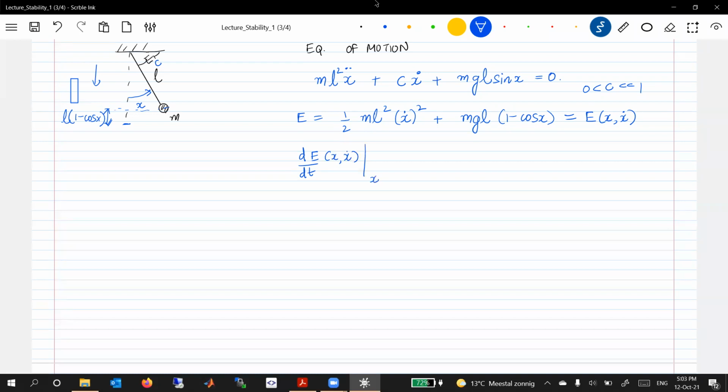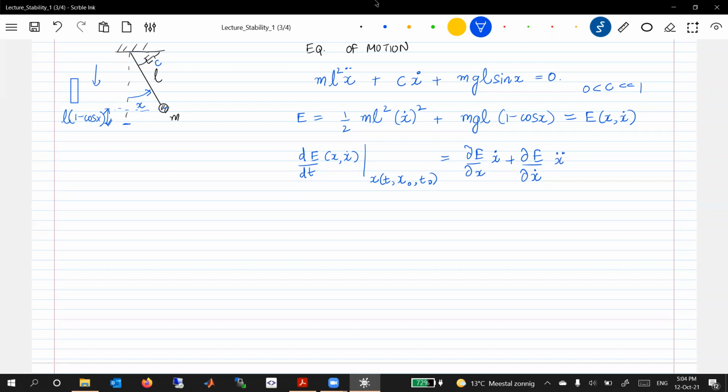along the trajectories x of t, starting from any initial condition, then by chain rule, we would differentiate this expression and we would get the partial of E with respect to x times x dot plus partial of E with respect to x dot times x double dot, right?